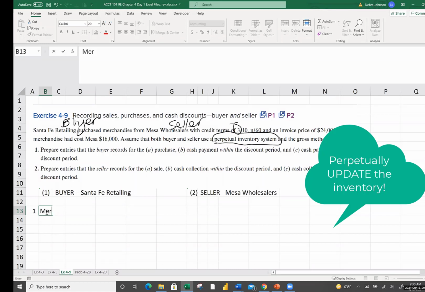So what we're doing here is we are increasing, we're the buyer, our merchandise inventory, and we're also increasing our debt because they sold it to us on account. And this would be to Mesa Wholesalers. I'll just put Mesa for what they sold it to us at, $24,000.